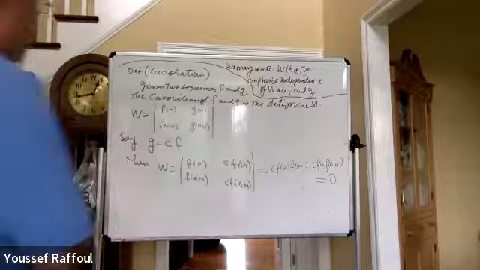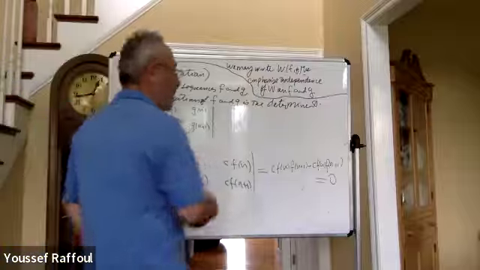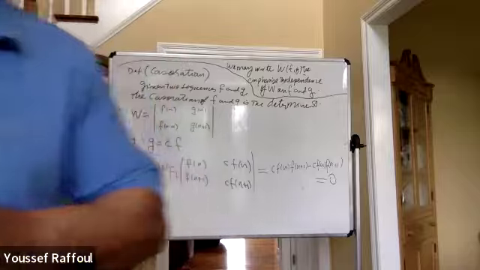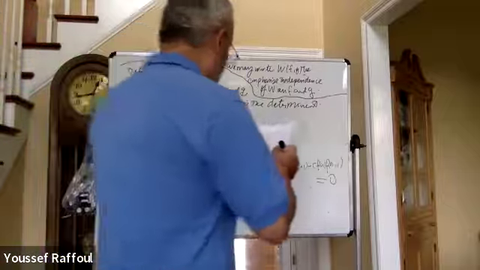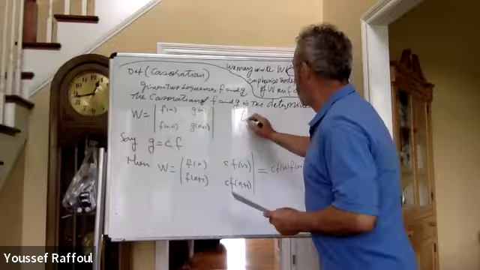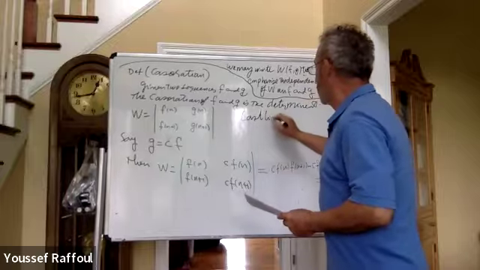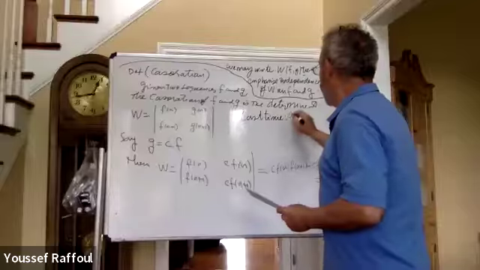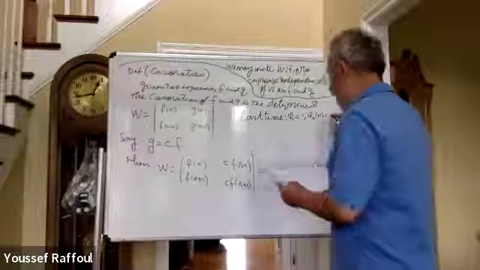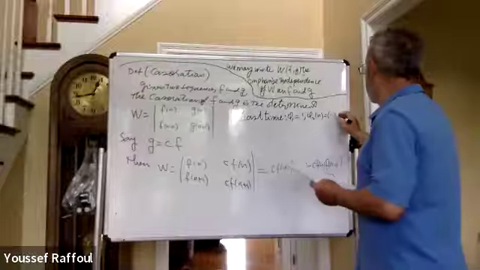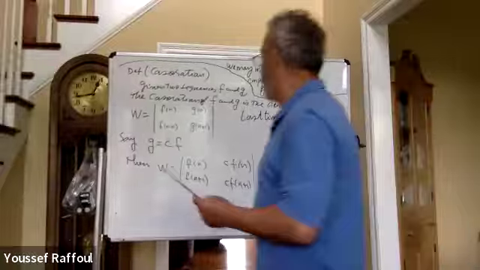Let's take a look at our example from last time. We had phi 1 equal 1, phi 2 of n is minus 2 to the power n.